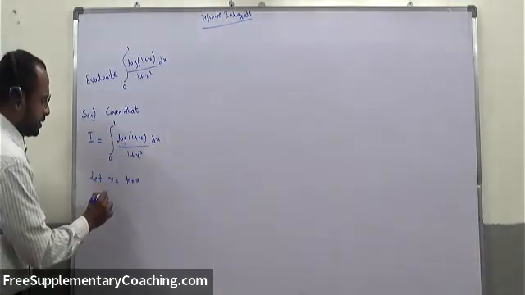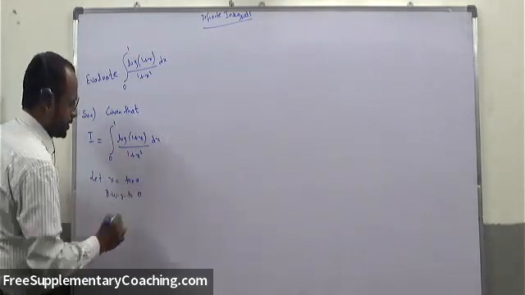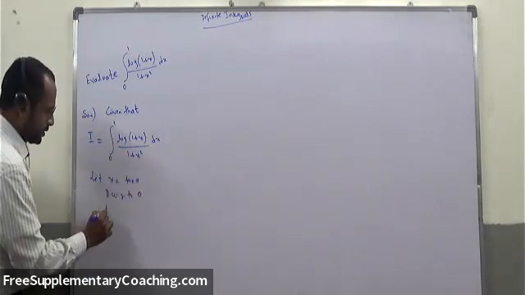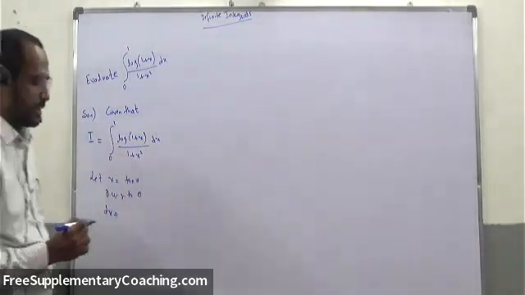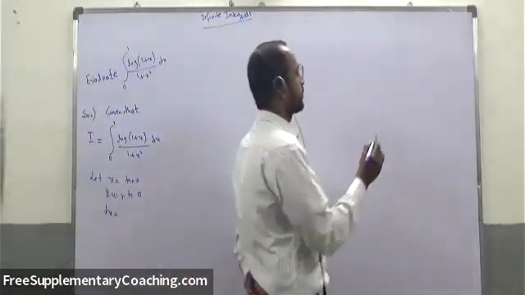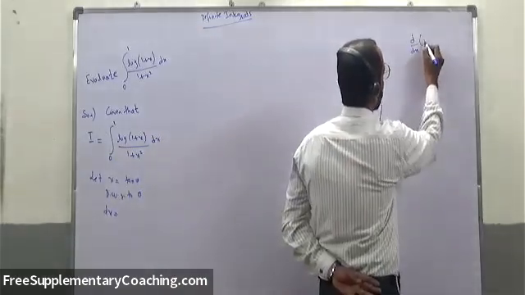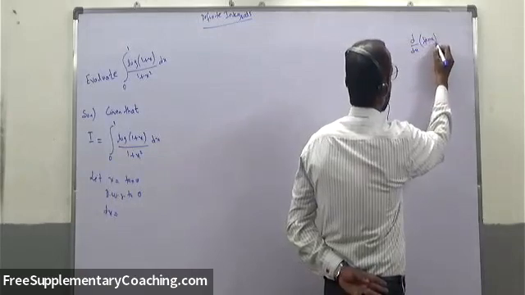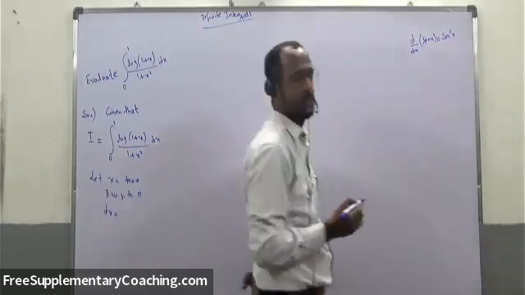So differentiate with respect to theta. What we are getting: d by dx of tan x is secant square x.